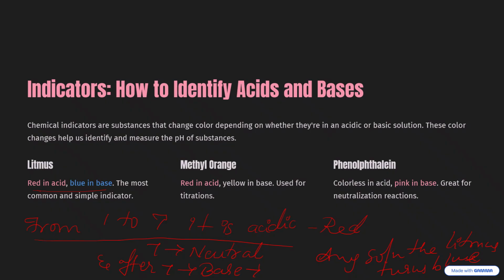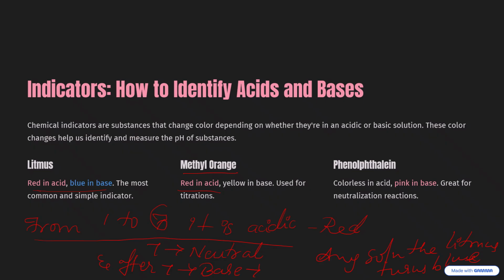First we shall take the example of methyl orange. Red in acid, yellow in base, used for titrations. Red in acid means it's acidic, because from 1 to 6 is acidic, 7 is neutral, and after 7 the base starts.